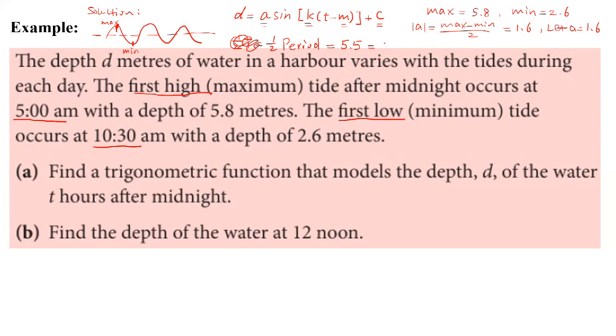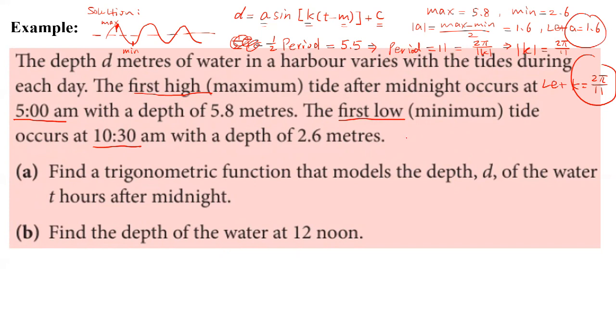And this gives us that the period is actually 11. The period is given by 2 pi over the absolute value of k. So the absolute value of k is 2 pi over 11, and we can just let k be 2 pi over 11. So that means we have the value of k now.